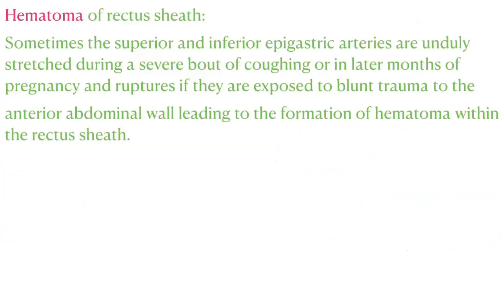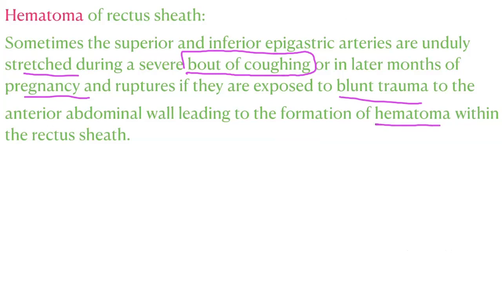Hematoma of rectus sheath. Sometimes the superior and inferior epigastric arteries are unduly stretched during a severe bout of coughing, or in later months of pregnancy, and rupture if they are exposed to a blunt trauma to the anterior abdominal wall, leading to the formation of hematoma within the rectus sheath.